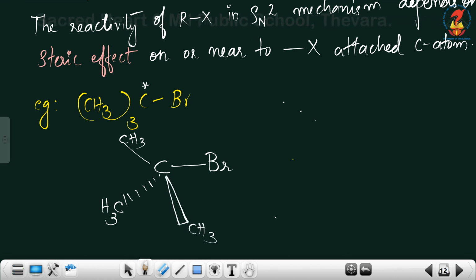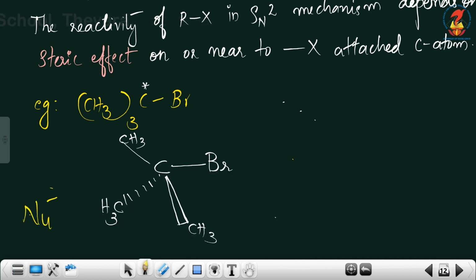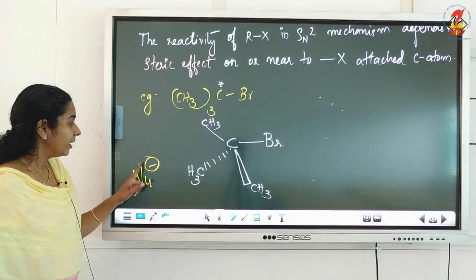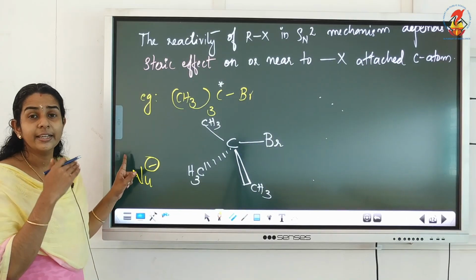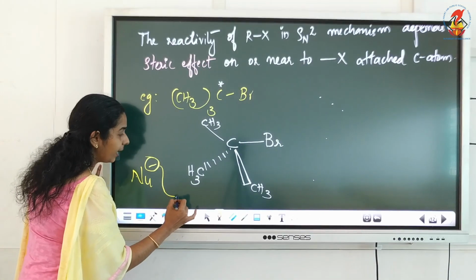So, look at this X attached carbon. It is surrounded by three bulky groups. Then what about the attack of a nucleophile? Any nucleophile, I am writing generally. If any nucleophile is coming and attacking from the back side, what happens?